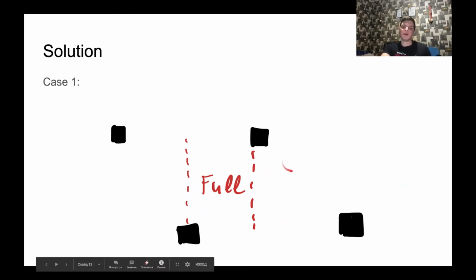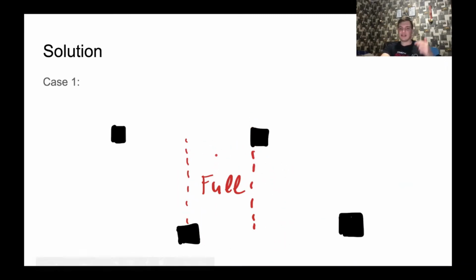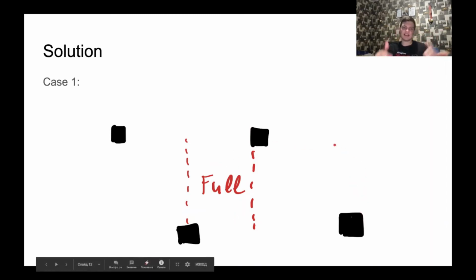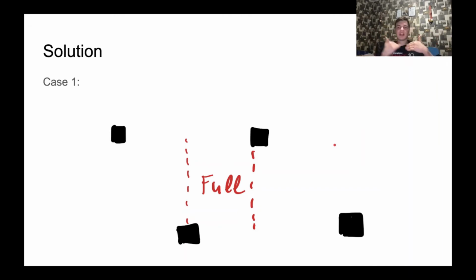And as I already said, we are going to jump over the empty rows, and here we have a bunch of empty rows. In this case, we want this whole thing to be full. So that's basically the first constraint.